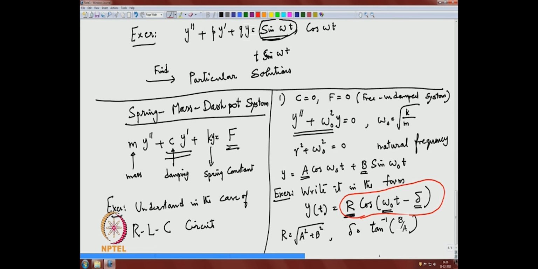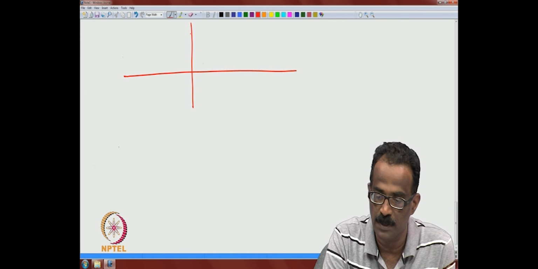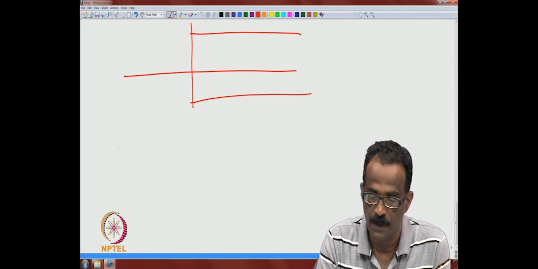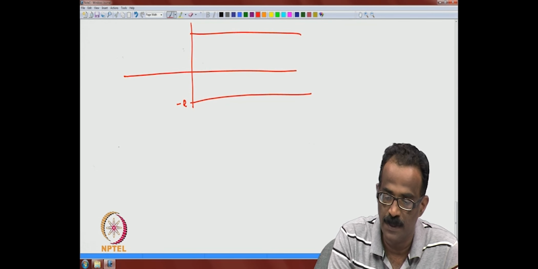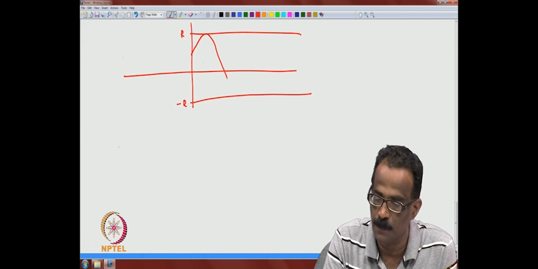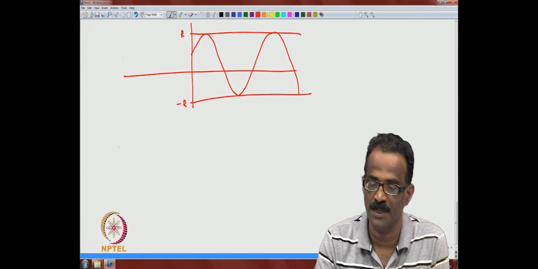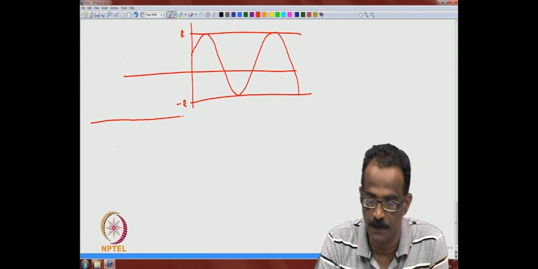If you plot this curve, you will get the solution, which oscillates, and the oscillation never stops, as expected.